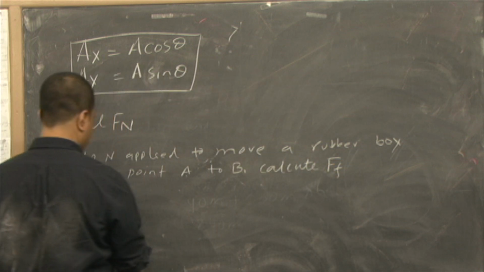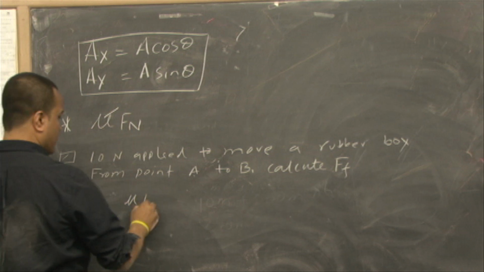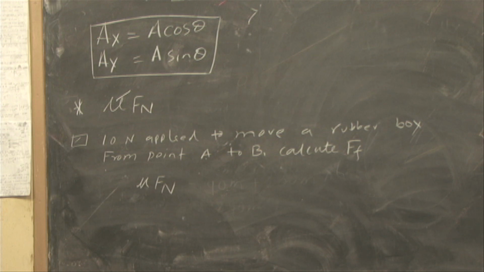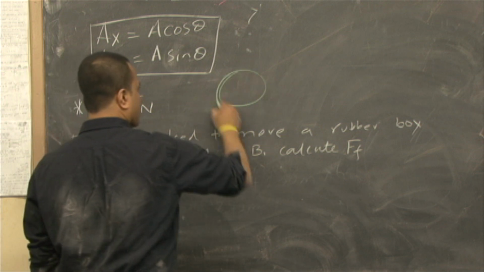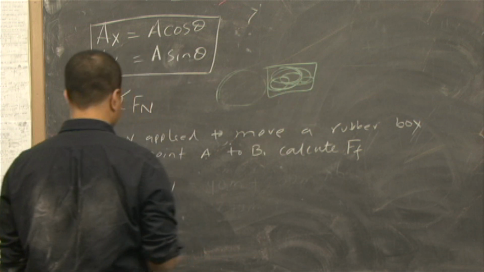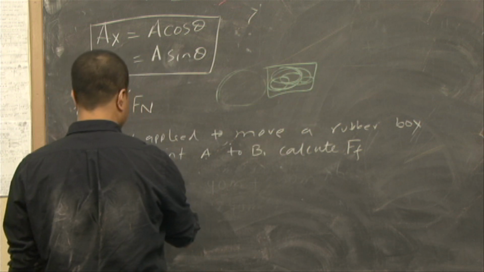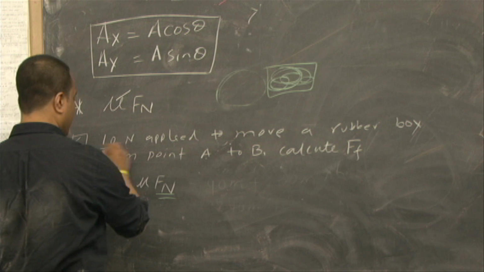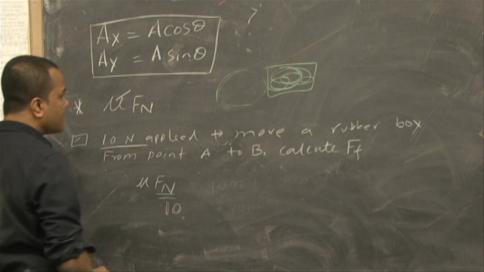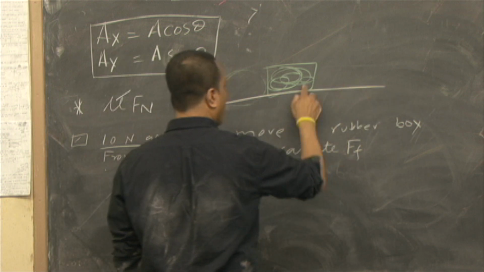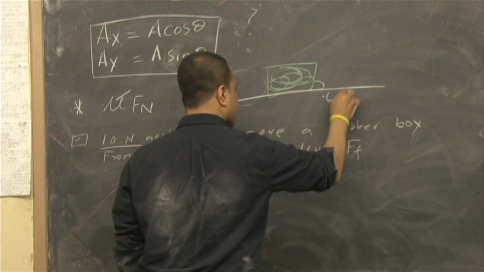All right. So let's see. Mu, we call it mu. We call it normal force. So if this is a box of rubber, the normal force is 10 Newton, and we know that the kinetic coefficient between the floor and rubber is 0.68, I believe.